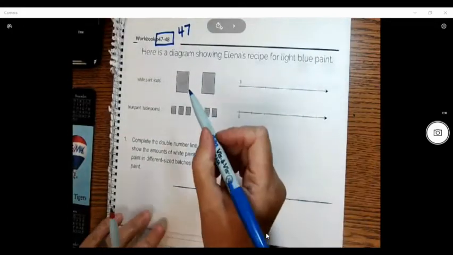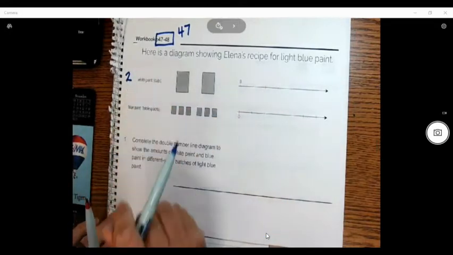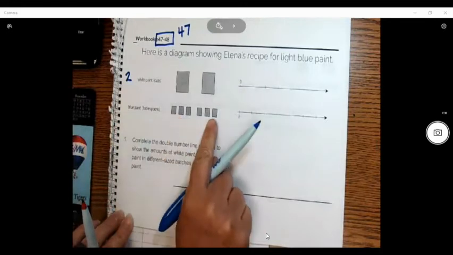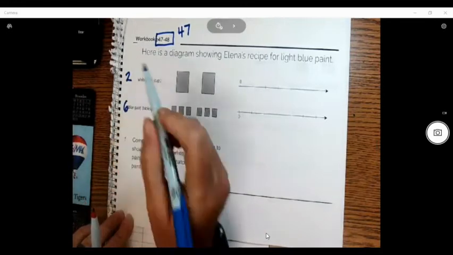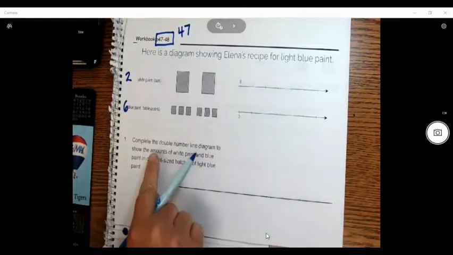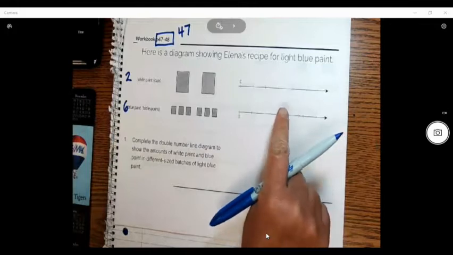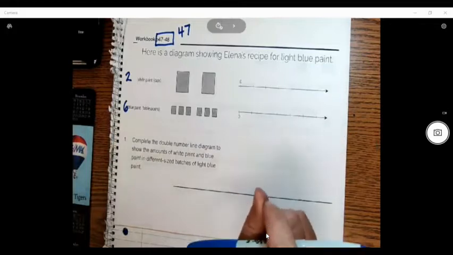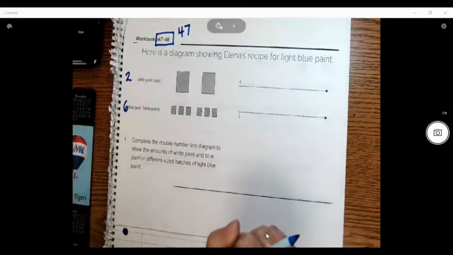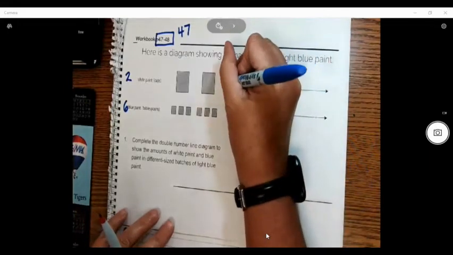If we look at it, we have 2 cups of white paint for 6 tablespoons of blue. They want you to complete the double number line to show the amounts of white paint and blue paint in different size batches of light blue paint. So we're going to make this.